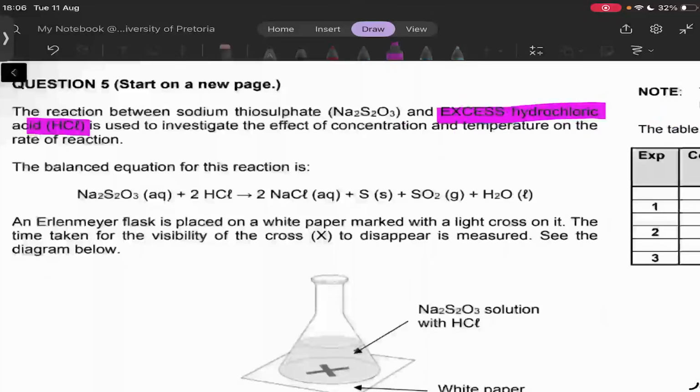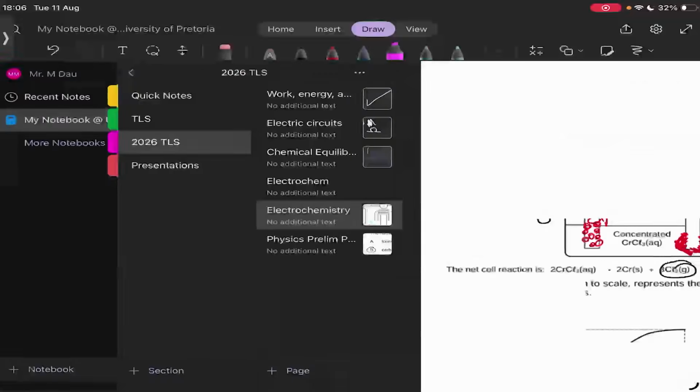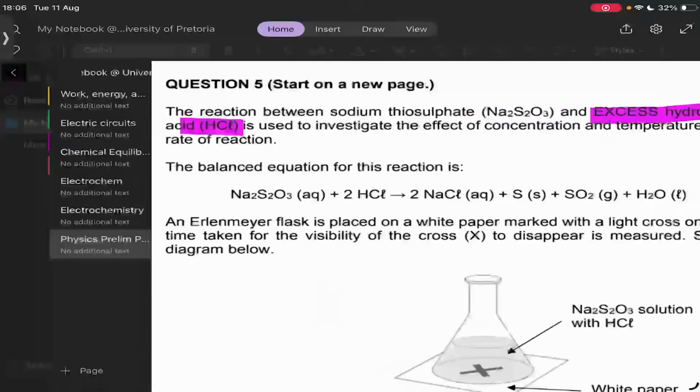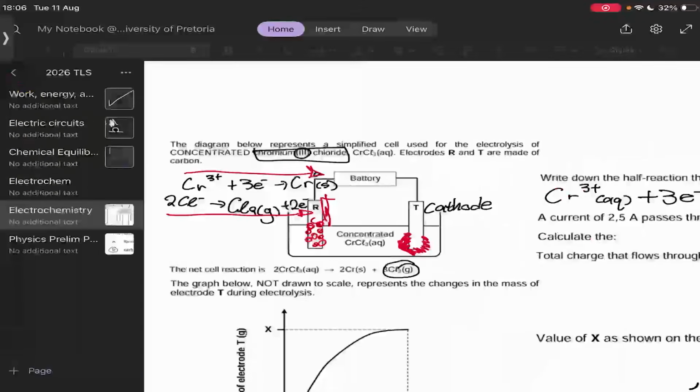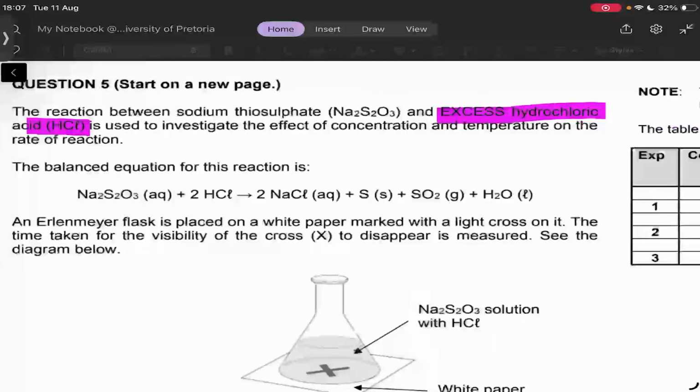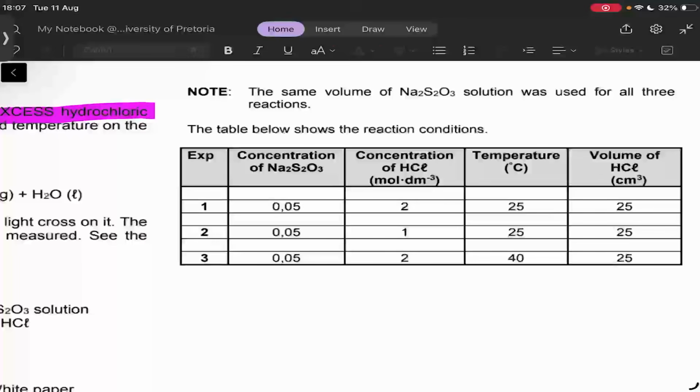Sorry, I think my screen's a bit frozen. I apologize for that. Just give me a second. Okay, my screen.